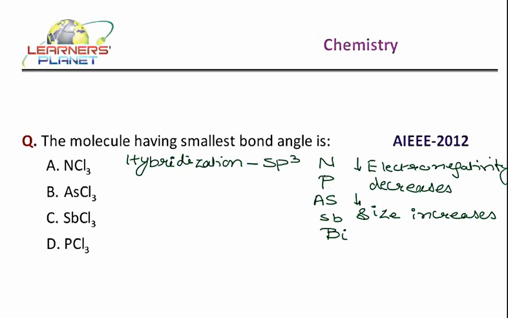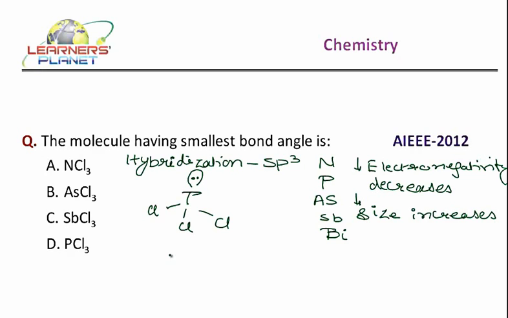Now say if I draw the structure of phosphorus trichloride, how many valence electrons are present in phosphorus? They are 5. Right? So 1 is the lone pair of electrons which is not participating in bond formation, and 3 sigma bonds are formed with chlorine.